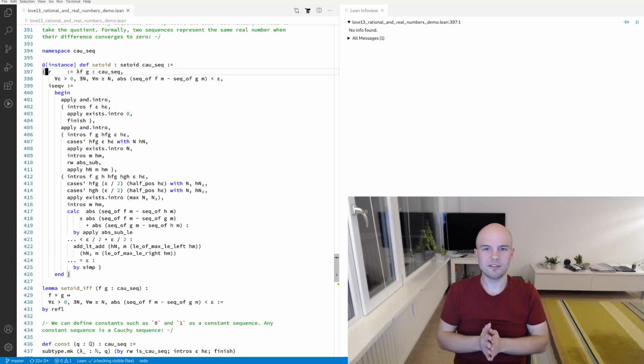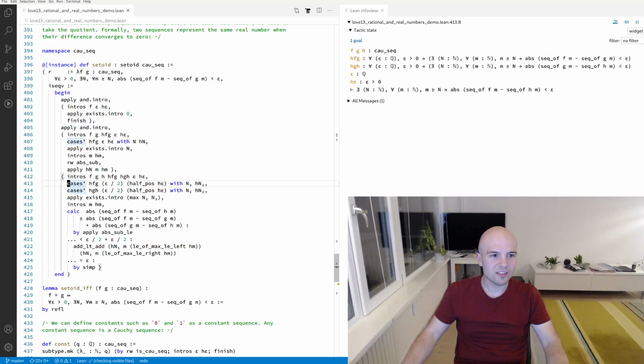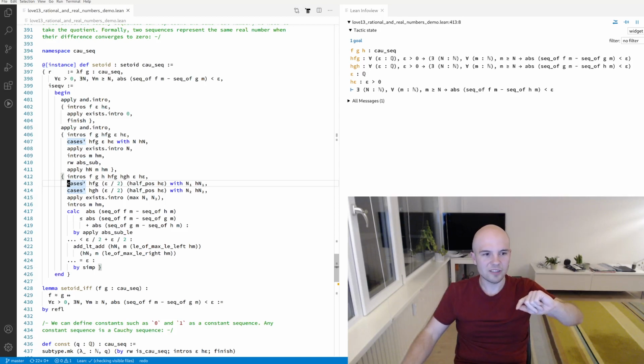Now we need to prove that this is indeed an equivalence relation, that it is reflexive, symmetric, and transitive. Reflexivity and symmetry are fairly straightforward. However, transitivity shows us a very common proof technique used when we prove things about epsilons. So what situation do we have here?